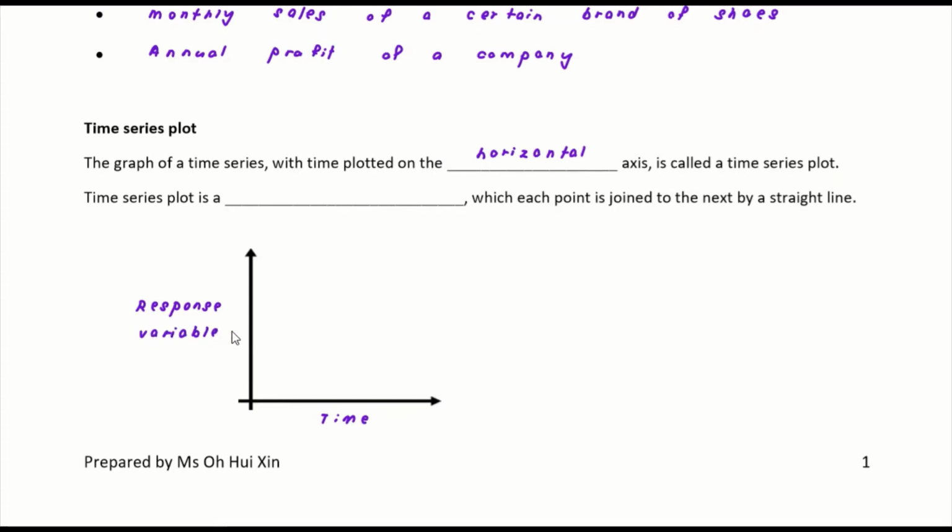Something different between a time series plot and a scatter plot is that a time series plot is a line graph, where each point is joined to the next one by a straight line. The idea of plotting is the same: you have coordinates, then you plot them. But for a scatter plot, we normally just leave it as dot points.